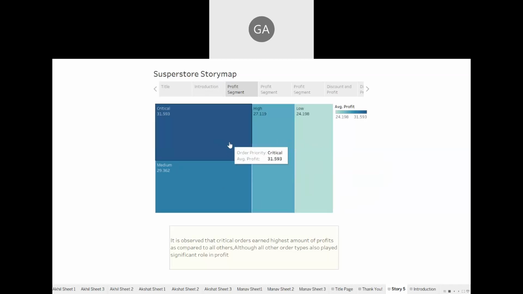As for the graph, we can see critical is dominating all other types. As you know, critical shipping is costly, so the shipping cost for critical is also high, and that's why critical played an important role in earning profits. Although low, high, and medium priority are also not that small, the dominating one is critical.